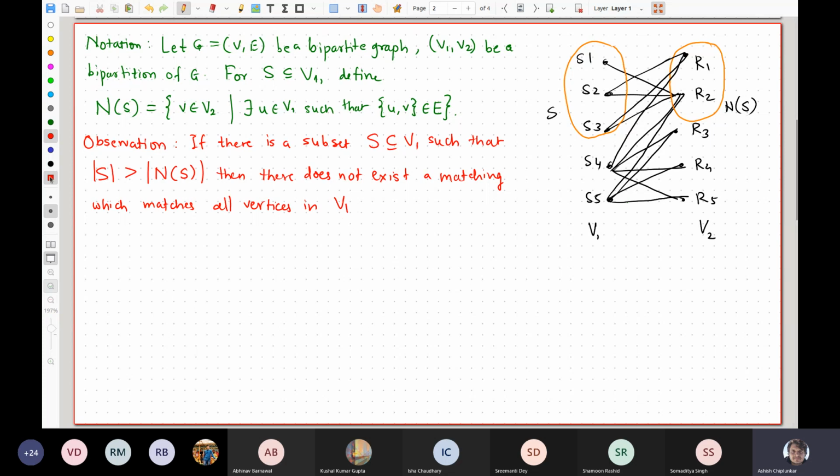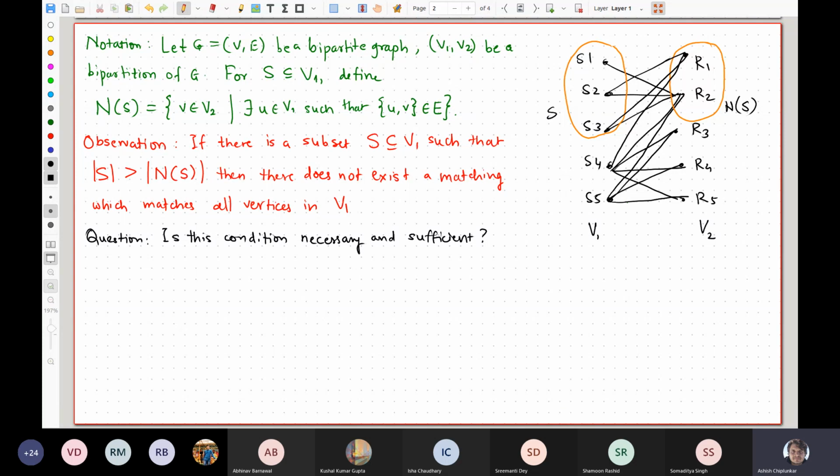Okay, so now the question is, is this condition sufficient? Is this condition necessary and sufficient? In other words, we are asking two equivalent questions.